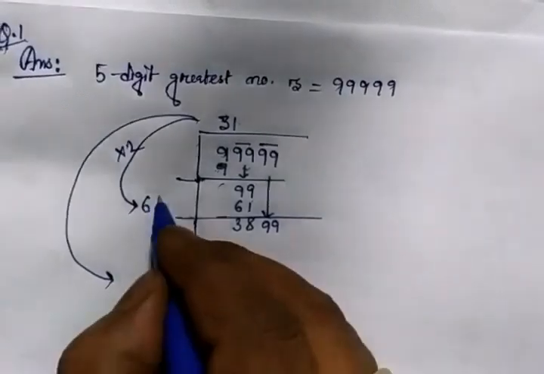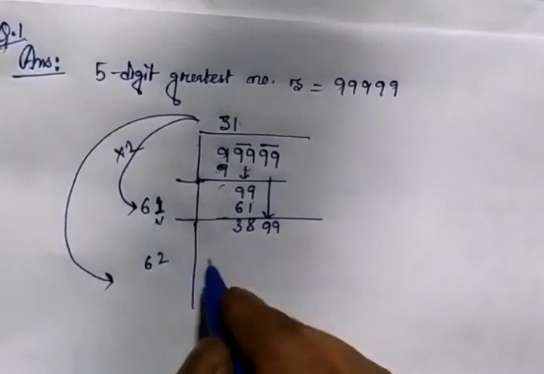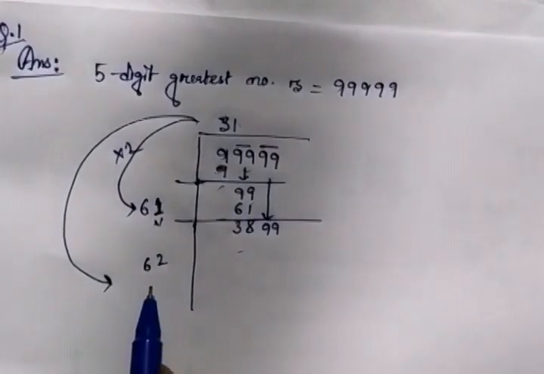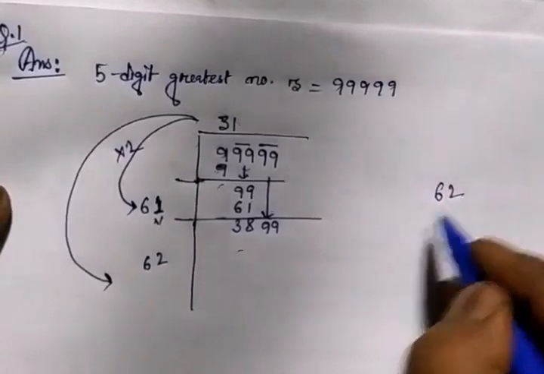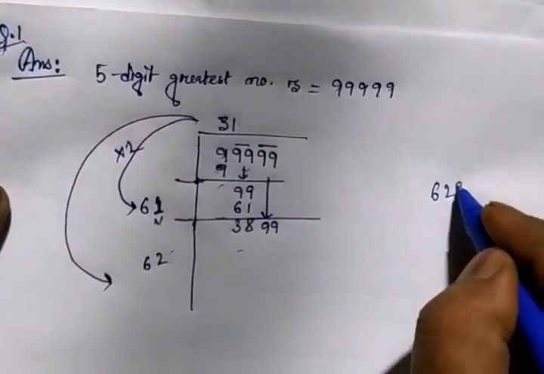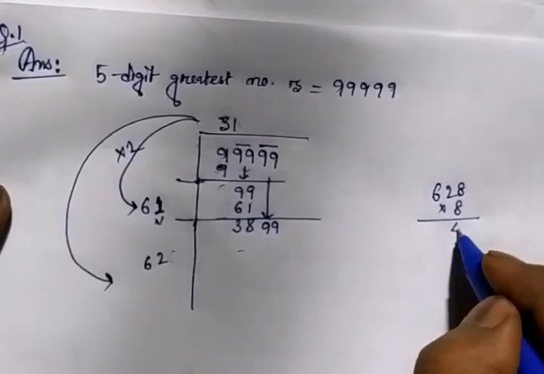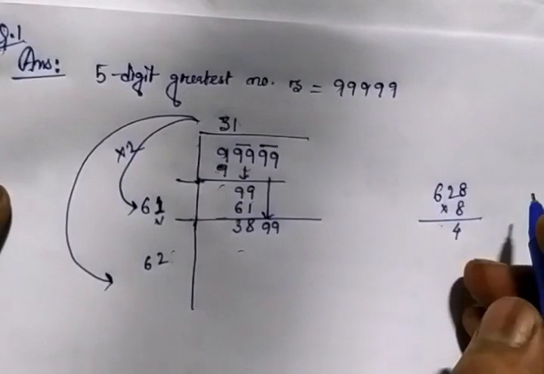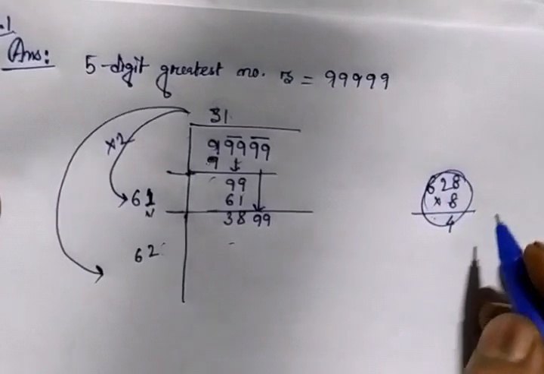Double of 31 is 62. If we take 8 here, 8 times 62 is too big, more is not possible.